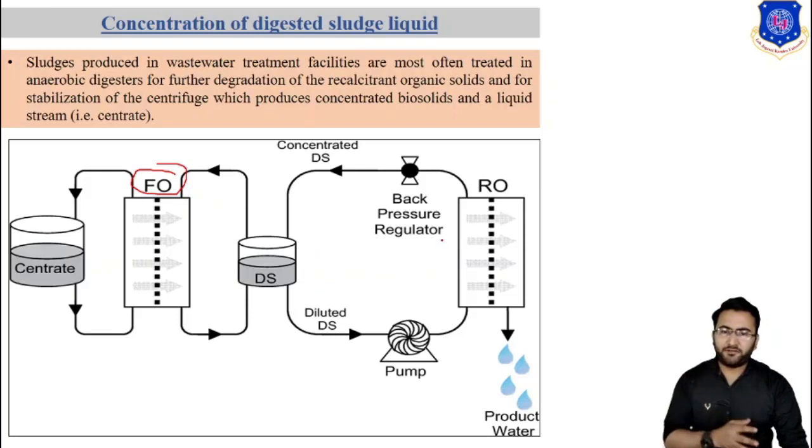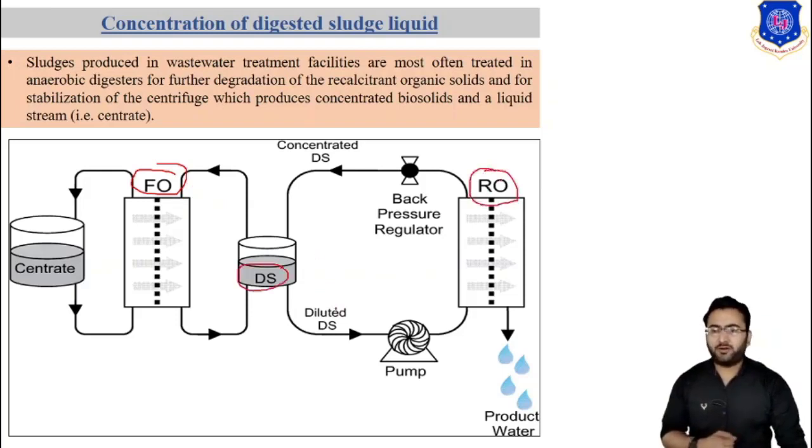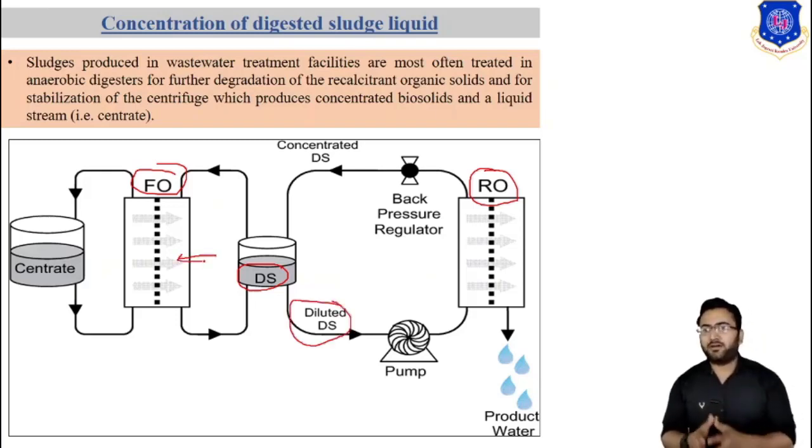Then reverse osmosis is used to separate this draw solute, or the diluted draw solute, from the effluent. So this is how reverse osmosis is used for the concentration of digested sludge liquid.